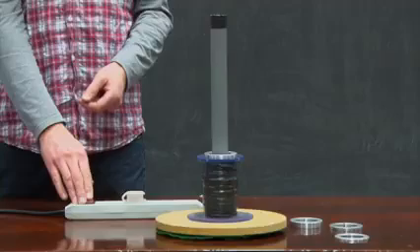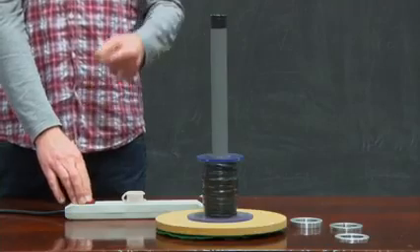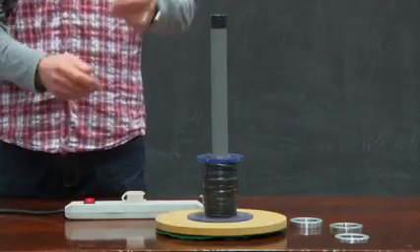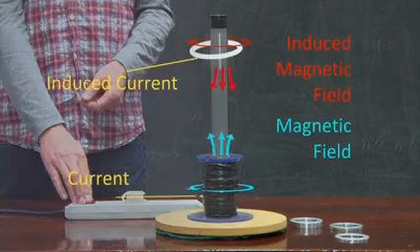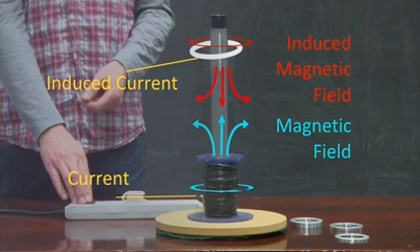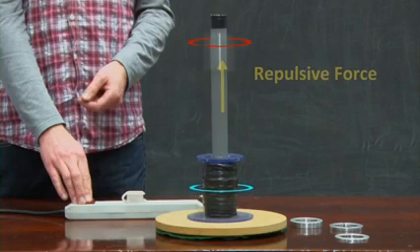Now, Lenz's law states that the direction of any magnetic induction effect is such as to oppose the change producing it. So the direction of this induced magnetic field must be in opposition to that from the coil. The ring experiences a repulsive force and is launched into the air.